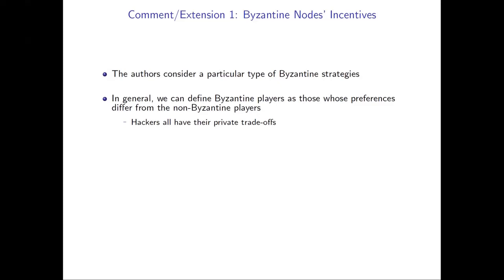So maybe it is worthwhile to think about this game not as Byzantine nodes that behave arbitrarily versus rational non-Byzantine nodes. But we can think about rational Byzantine nodes who have their own trade-offs, and non-Byzantine nodes, of course, face their own trade-offs.